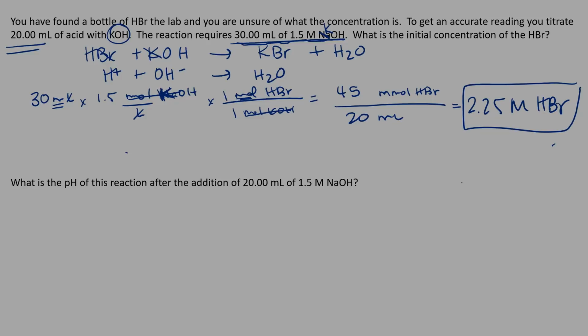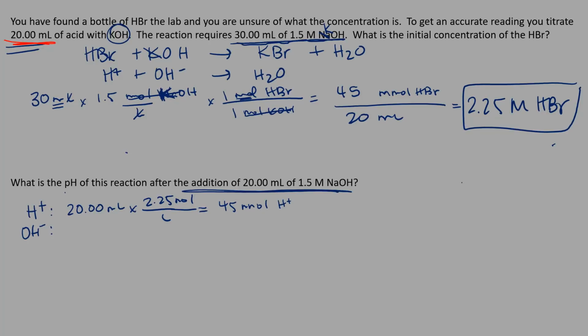So again, I'm going to do the same thing. If I'm looking for the pH after the addition of something, I am going to have to find my H and find my OH and find out which one is in excess. So I use 20 milliliters of acid. That comes from right up here, and it's 2.25 moles per liter. So that's 45 millimoles.